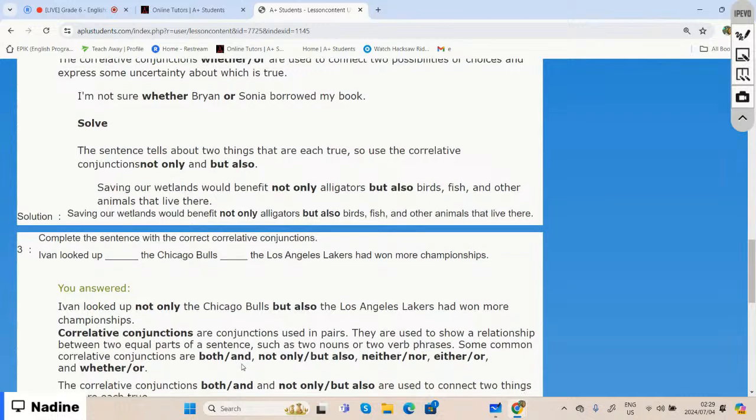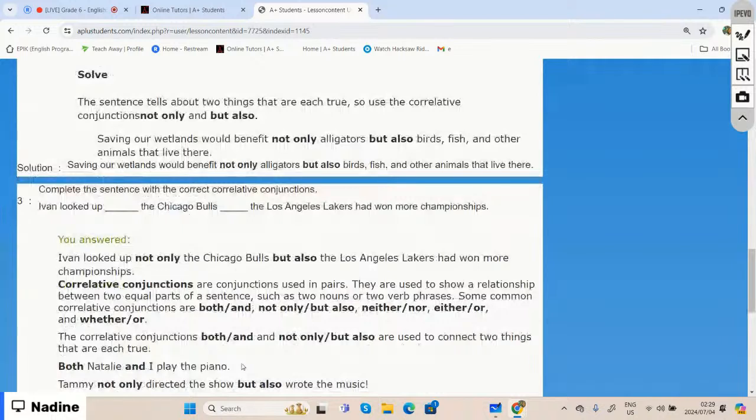All right, if we look at the next one, it says Ivan looked up the Chicago Bulls, the Los Angeles Lakers had won more championships. We need to choose the pairs.